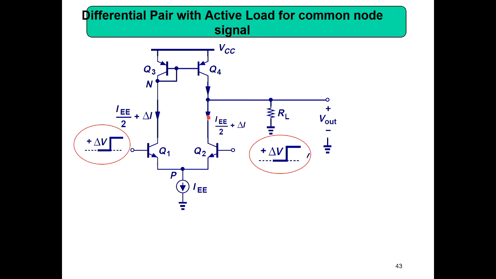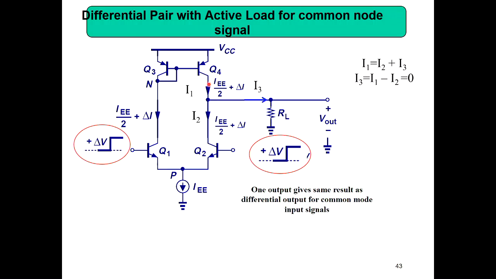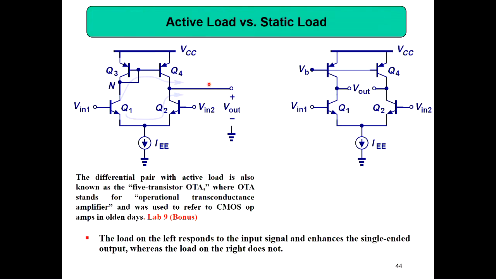Then what is the current here? Because it's a current mirror. So then what is the current here? See, you don't have anything. So that way you can understand. Now the common mode is rejected. So one output gives same result as the differential output for common mode input signals.